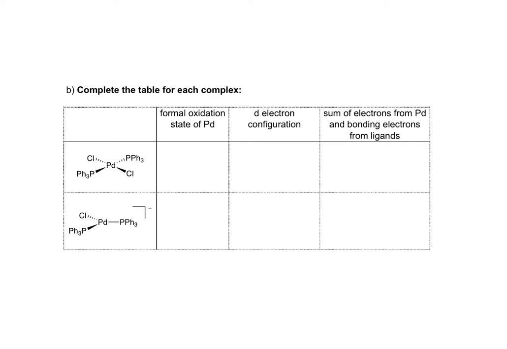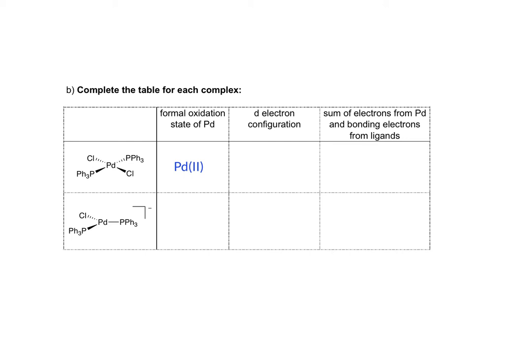Moving to the lower part of this page, we'll quickly review formal oxidation states and electron counting. The dichloropalladium bis-triphenylphosphine pre-catalyst has a formal oxidation state of +2 because of the two negatively charged chloride ligands and the neutral triphenylphosphine ligands.